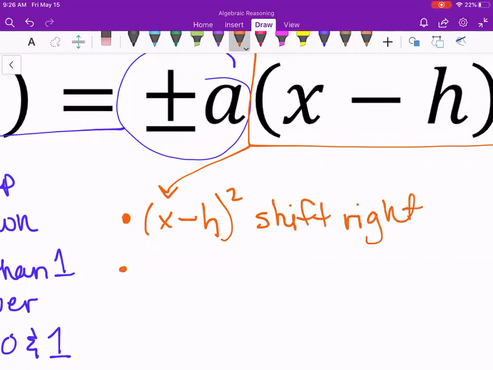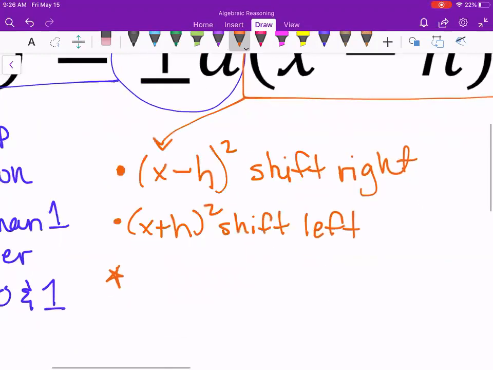If we have x plus h squared in those parentheses, that meant we need to shift left. This was the big one that we looked at, because we found out that insiders, meaning inside those parentheses, are going to lie. Okay, a minus does not mean go to the left like the negative numbers are, and a plus does not mean go to the right where your positive numbers are, because again, insiders lie when it comes to x minus h.